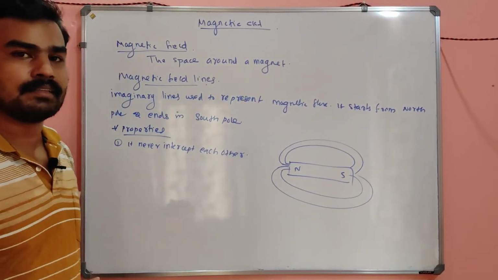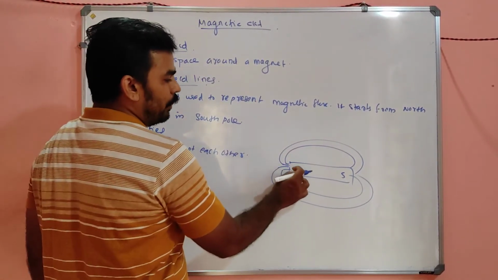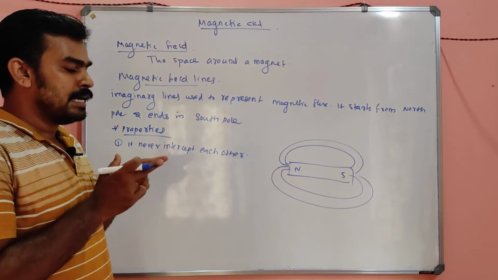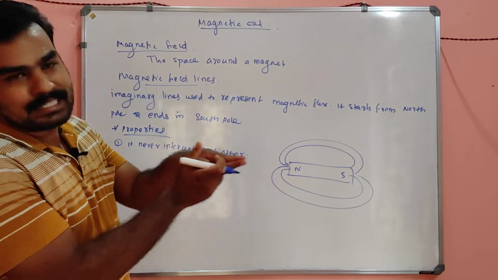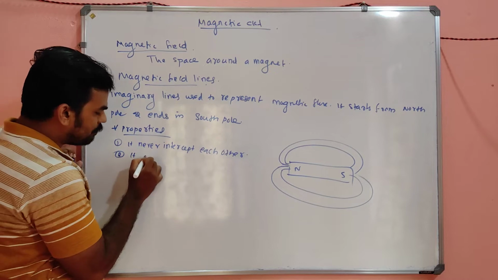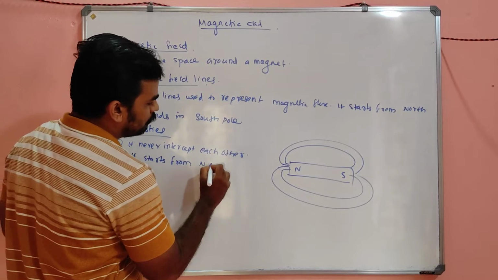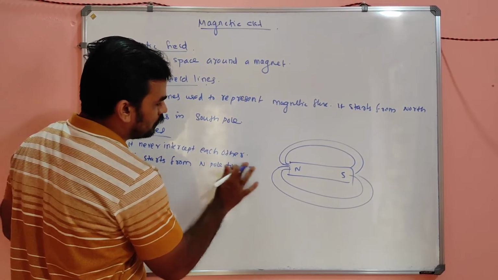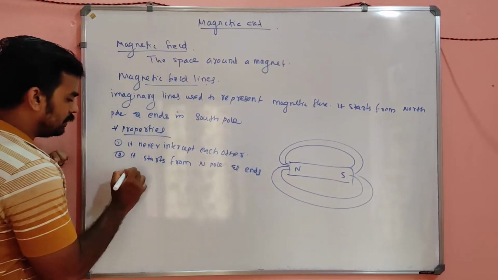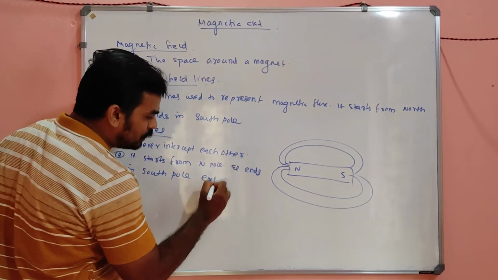They may contract or expand at certain points, so the density may increase at some point, but they never cross each other. Externally to the magnet, they start from the North Pole and end in the South Pole.